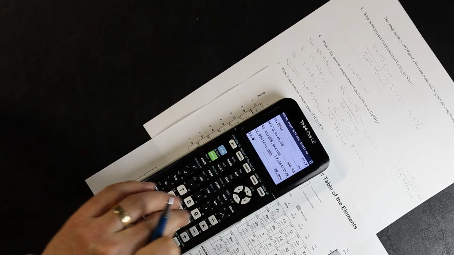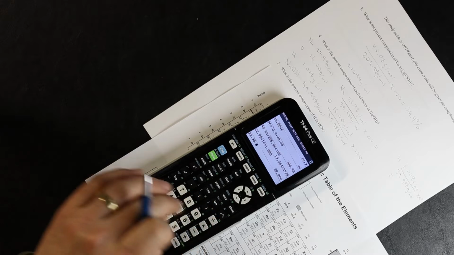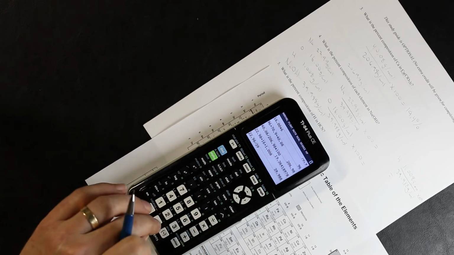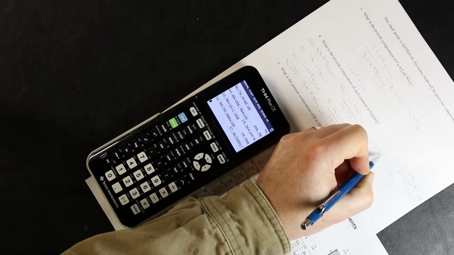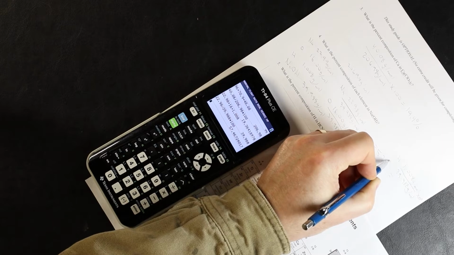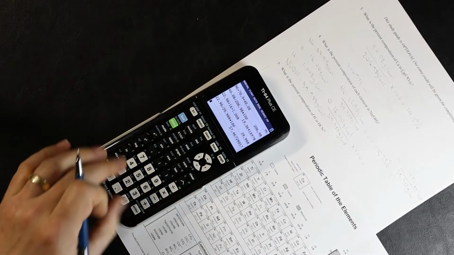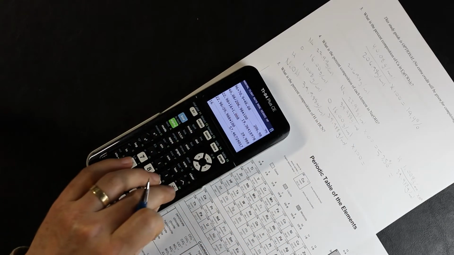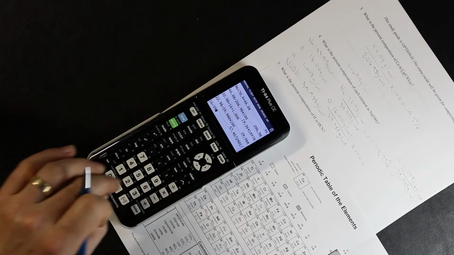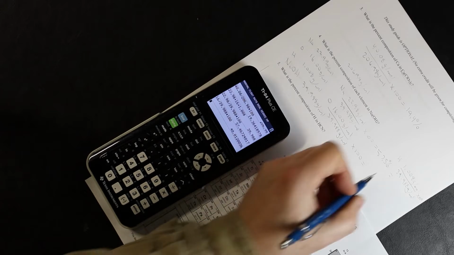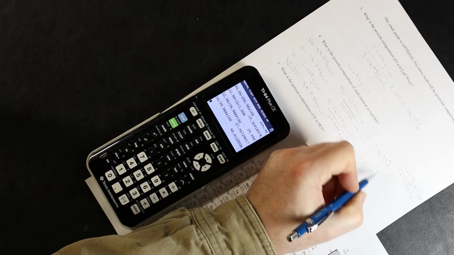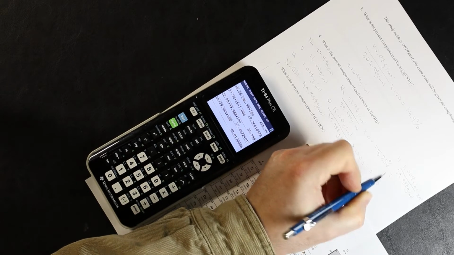Okay, 22.98 divided by 39.988 times 100 is 57.5%. And the oxygen, 16 divided by 39.988 times 100, 40.0%.